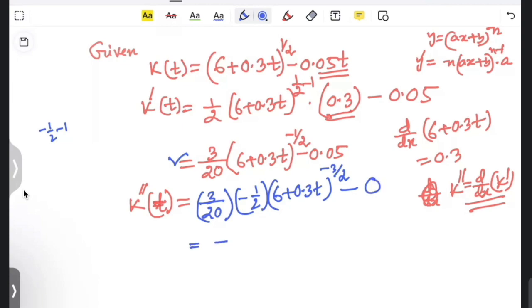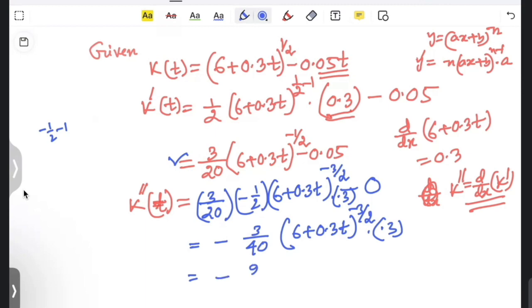This equals negative 3/40 (6 plus 0.3t) to the power minus 3/2. Here 0.3 is left, right? We need to multiply by 0.3. So it will be minus 9/400 (6 plus 0.3t) to the power minus 3/2. This is the second derivative of k.